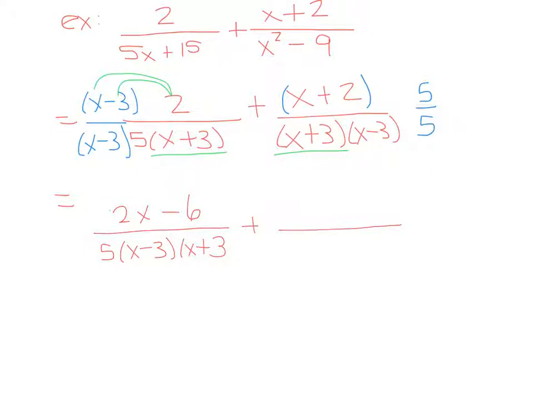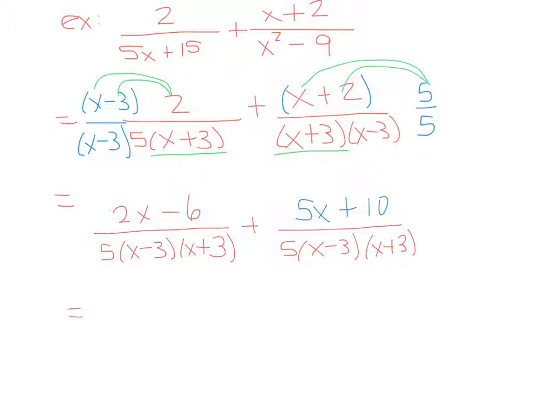Okay, we've got our common denominator of 5 times x minus 3, x plus 3 for our other rational expression. And here we want to distribute that 5, getting 5x plus 10.